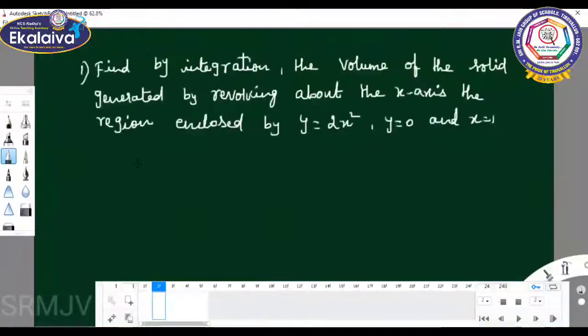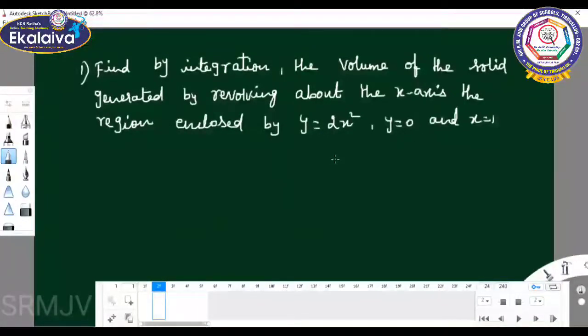See the first sum. Find by integration the volume of the solid generated by revolving about the x-axis the region enclosed by y equal to 2x square, y equal to 0 and x equal to 1.